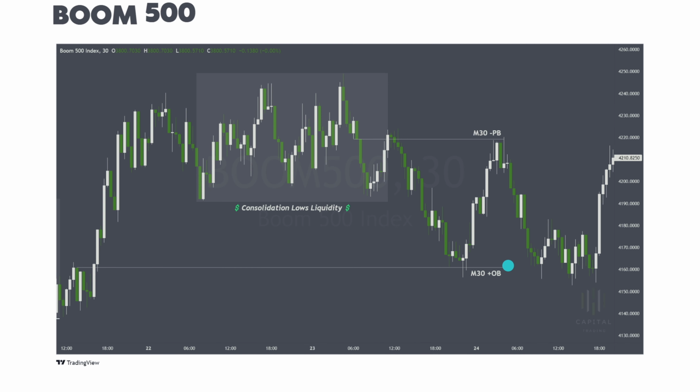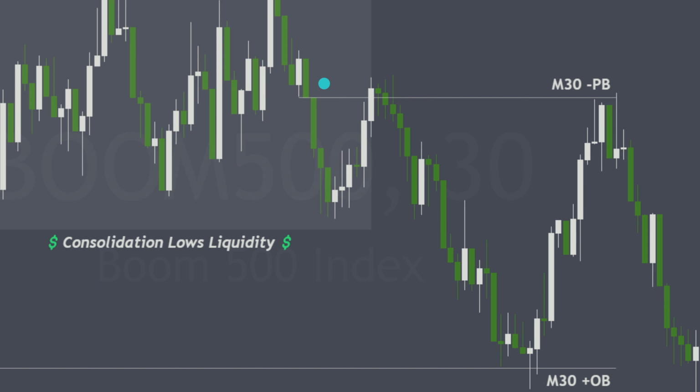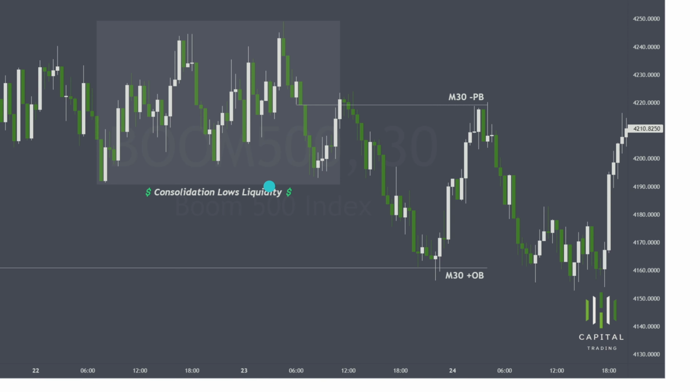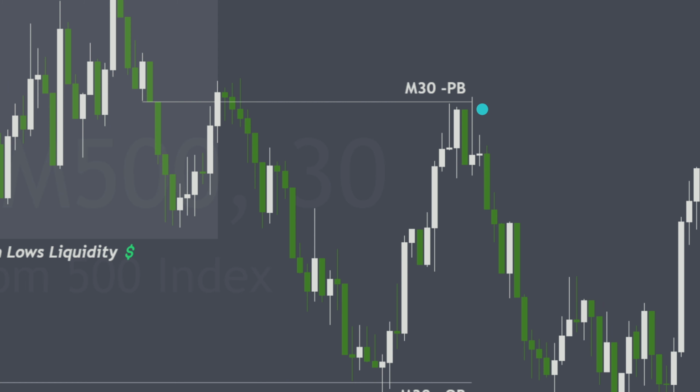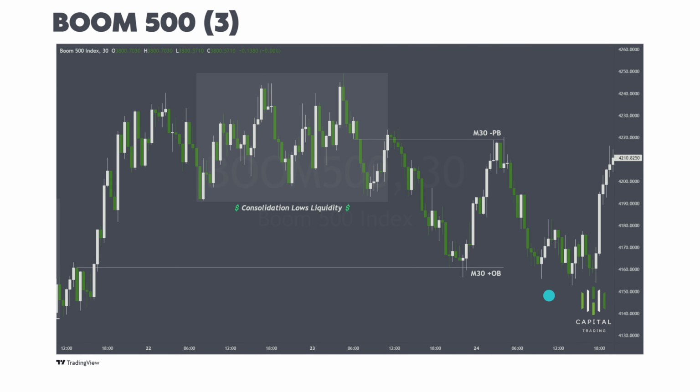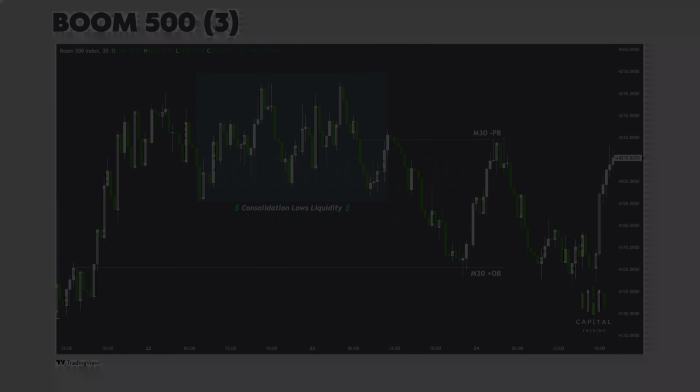So what happened was price did utilize this propulsion block here to drop price into the consolidation low liquidity and reach into our M30 bullish order block, right? So price returned for the second time into our propulsion block from the 30 minutes and dropped price lower. So this is how you'd identify liquidity on Boom 500.